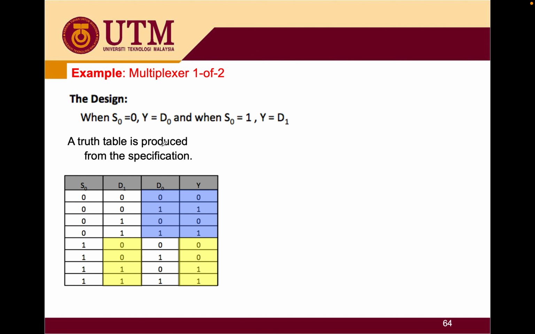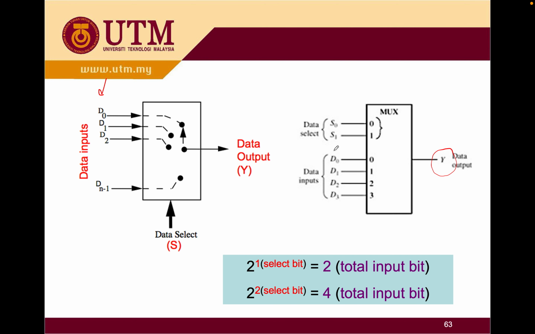A truth table is produced from the specification. So you can draw the truth table related to this. When S equal to 1, Y equal to D1. Where is your D? This is your D, also the input. This is your data source.